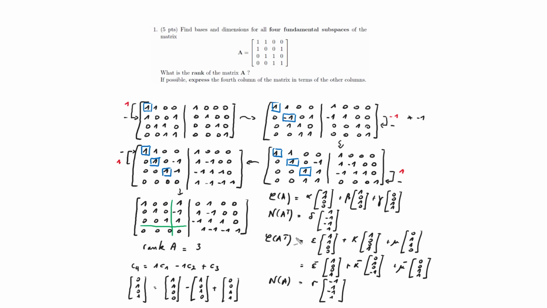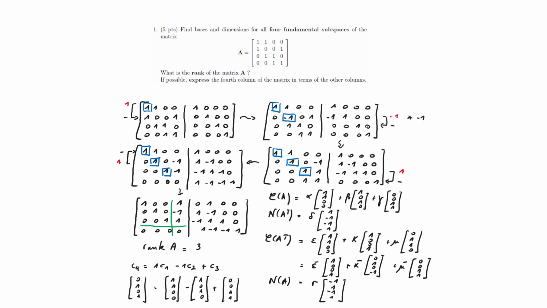Similarly, the dimension of the row space plus the dimension of the null space should be equal to the number of columns n, and this is also 4. And we see that we have indeed 3 basis vectors for the row space and 1 basis vector for the null space. So this property is valid as well.